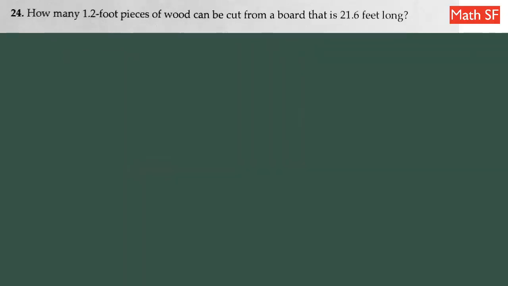Let's keep moving forward. Problem 24. How many 1.2 foot pieces of wood can be cut from a board that is 21.6 feet long? So in other words, you are dividing it into small pieces. You can do this problem in different ways.